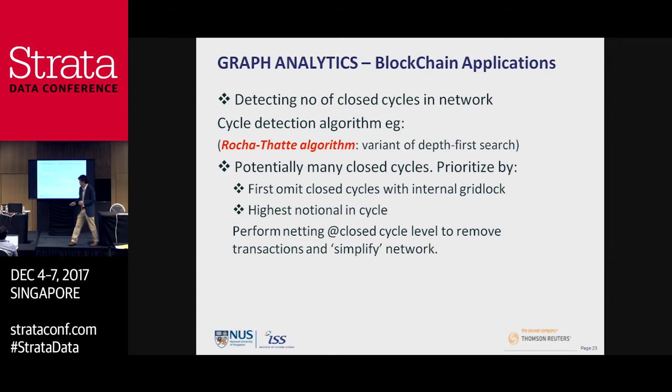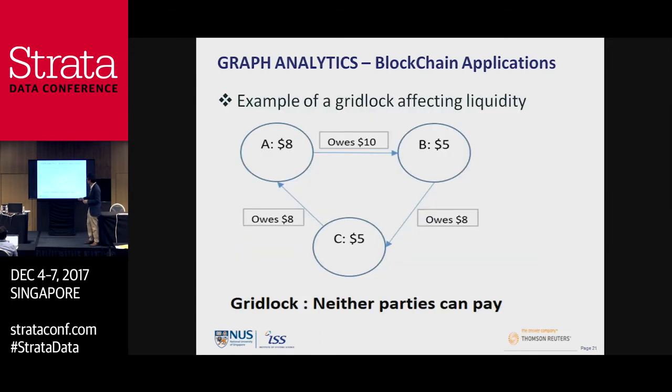And once it's identified the subgraph, you essentially net off all the liabilities in the particular subgraph. So, to cite the example over here, this is an obvious gridlock. So the subgraph will net out all the positions of A, B, C, considering the loans.